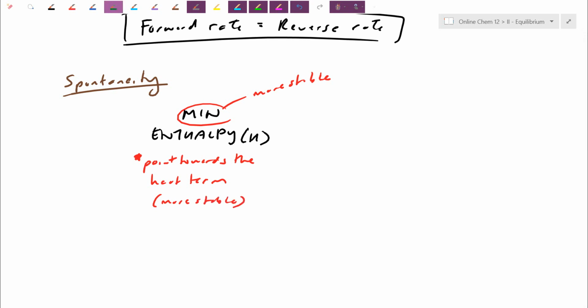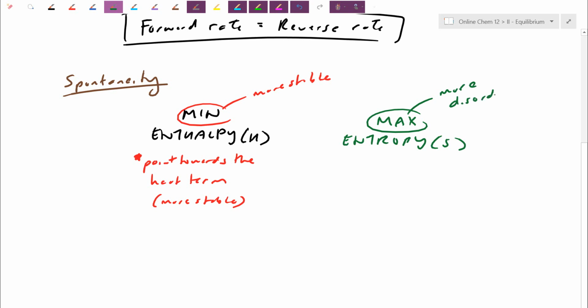The other half of the story was entropy. Although entropy, somewhere along the way, does have to do with energy, we just think of entropy as a measure of chaos. And if nature had its way, nature prefers to maximize entropy. Things naturally become more chaotic, more random, more disorderly, rather than ordered. So how do you decide which one is maximum entropy?